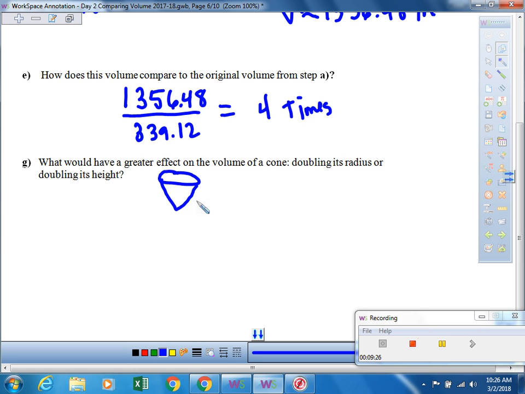Okay, so what do you think? You said doubling the radius. Why? Adrian? The height?